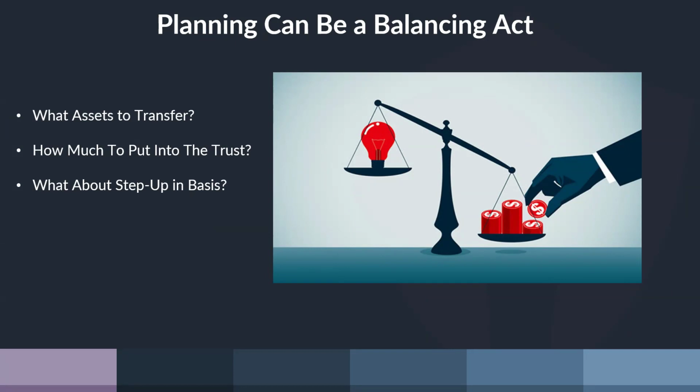If I've got low basis real estate, maybe that's not the right asset to put into the trust. Maybe it's an investment account that has a high basis, or other assets with a high basis. Maybe it's just assets we want to protect from creditors. There again, step up in basis is one of those planning tools that we have to balance out to make sure we get the right result.